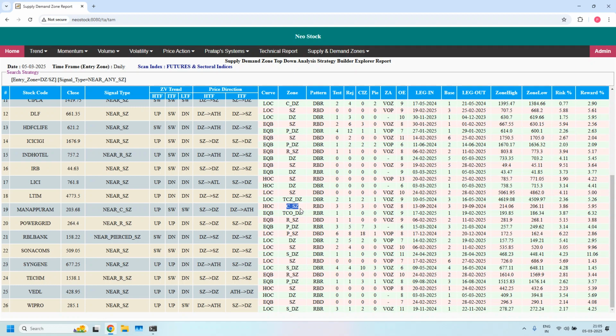Next, Manappuram is having a high liquidity daily supply zone. Next, Power Grid is having a high liquidity daily supply zone. Tech Mahindra is having daily high liquidity supply zone. So we identified 4 daily high liquidity supply zones from this list.